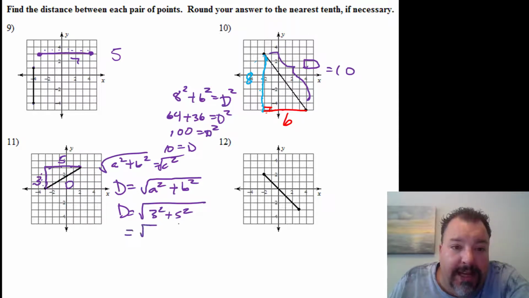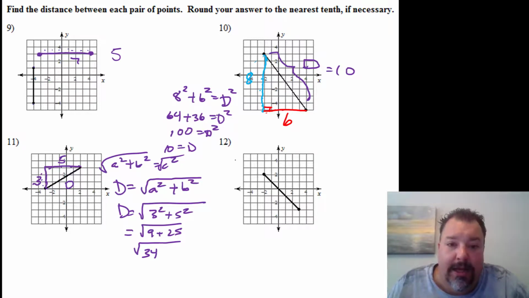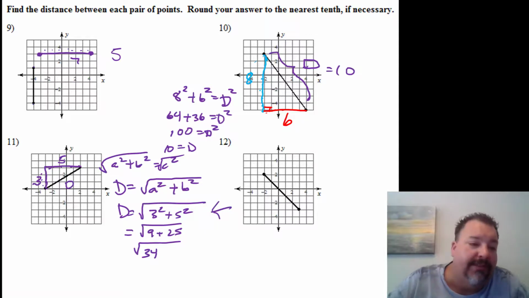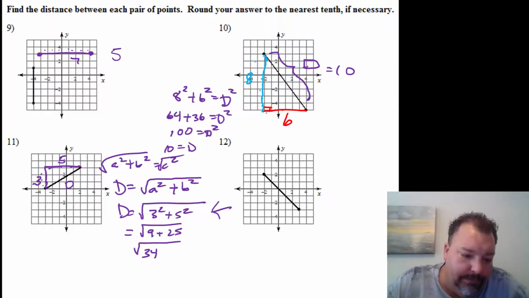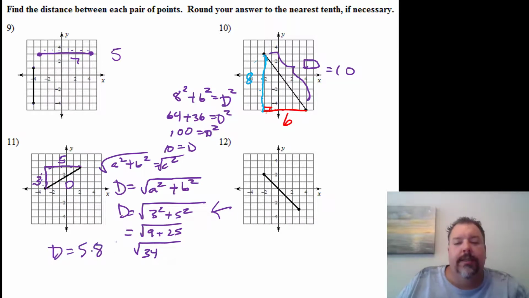That comes out to 9 plus 25, the square root of 34. And again, if you're doing this in Desmos, you could just type in the square root of 3 squared plus 5 squared. And that comes out to 5.8. So our distance here is 5.8.